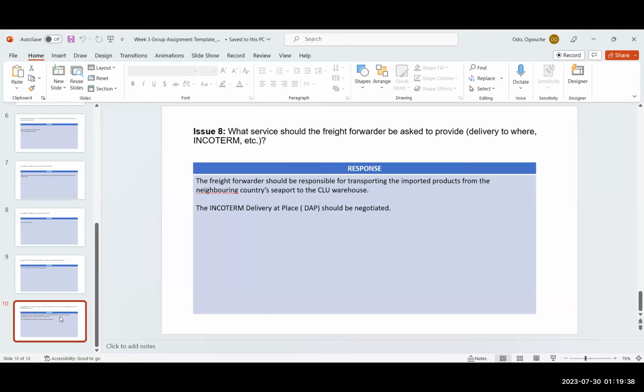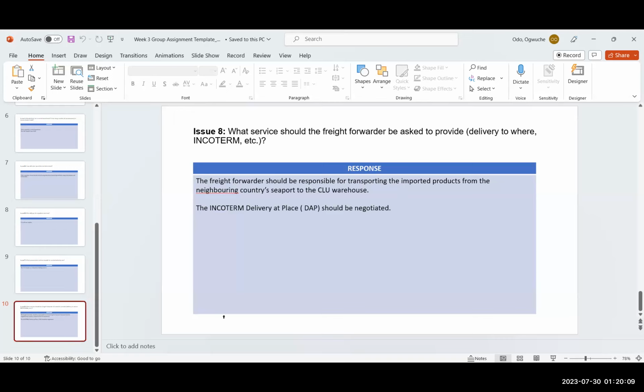Now, when you presented, you said two different things which kind of contradicted each other. First, you said, and it's also written, that the freight forwarder should bring the products from the neighboring country seaport to the CLU warehouse. So, with that, who is bringing the product from the manufacturer to the seaport? You did not mention, number one.